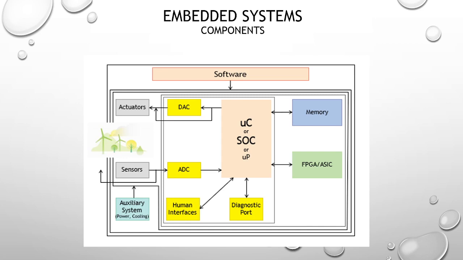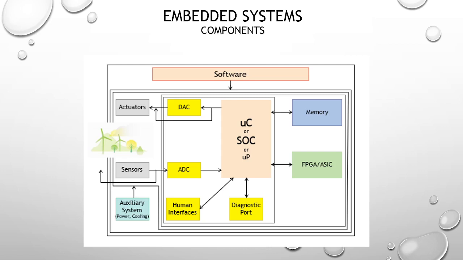It can also have application specific integrated circuits like FPGA and ASIC, application specific integrated chip, which are meant for a specific purpose. It can also have a diagnostic port, which is mainly used to measure the system performance.